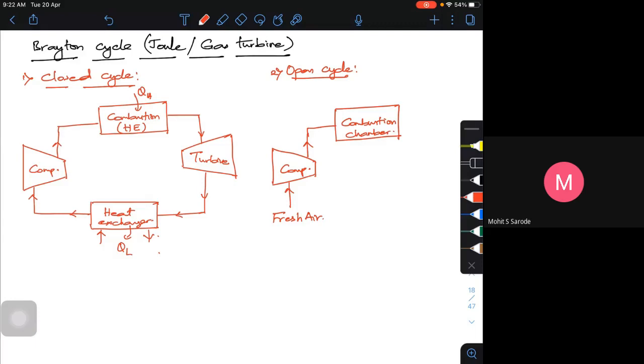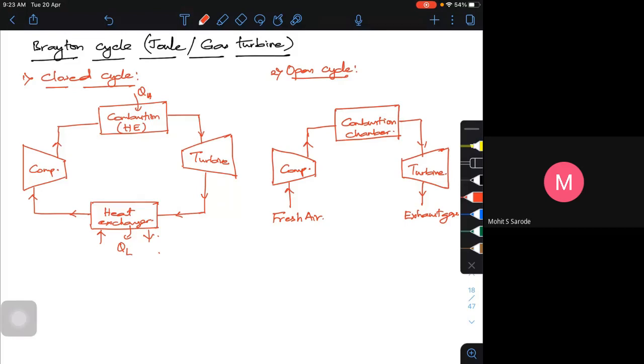That burnt gas is expanded in a turbine, and we call it exhaust gases, which are left to the atmosphere.